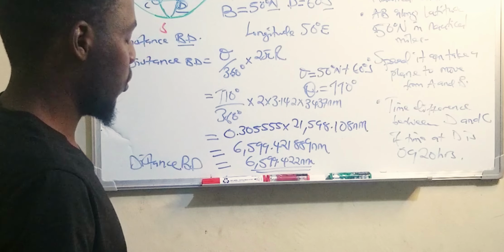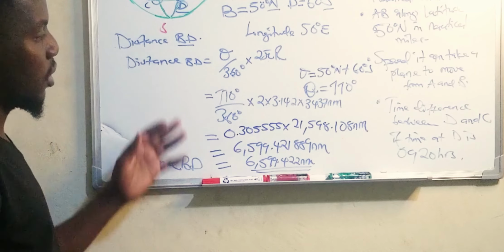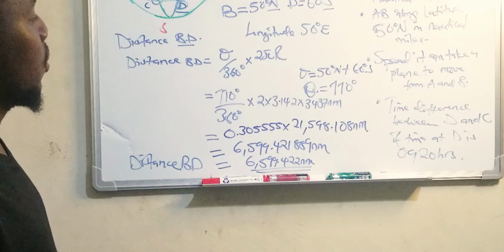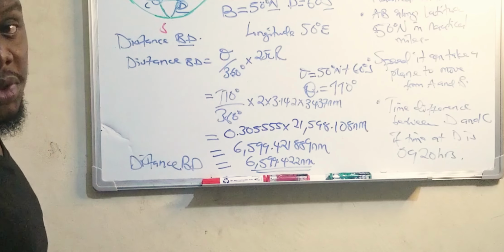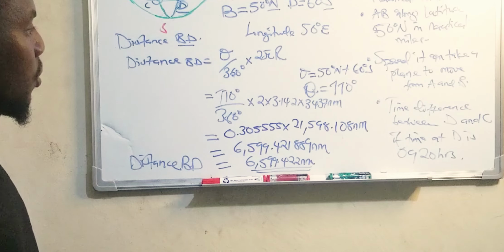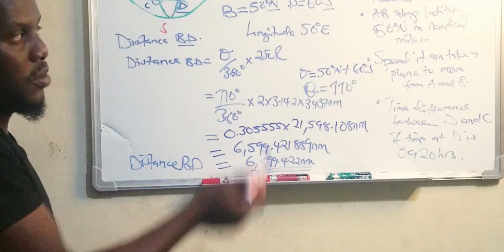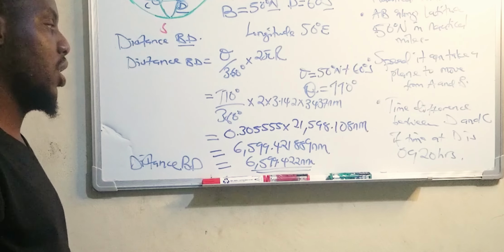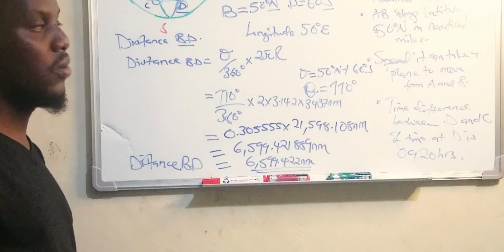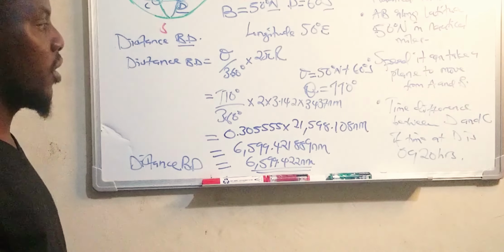So that's how you calculate a distance in longitude. Theta should be the difference in latitudes, while r will depend on what you have been given in the question, and this time I've said we use the 3437 nautical miles.